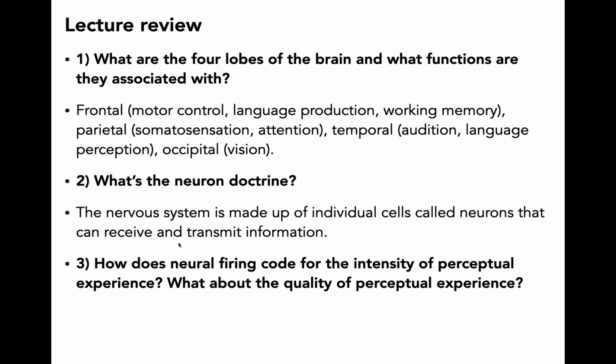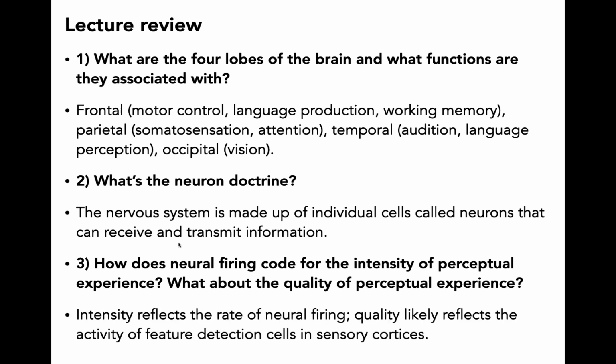How does it encode for the quality of perceptual experience? Intensity reflects the rate of neural firing. Quality likely reflects the activity of feature detection cells within sensory cortices. And from there, somehow our brain builds this complex world that we experience every day. And we'll talk a bit more about that later on in the course when we discuss vision.